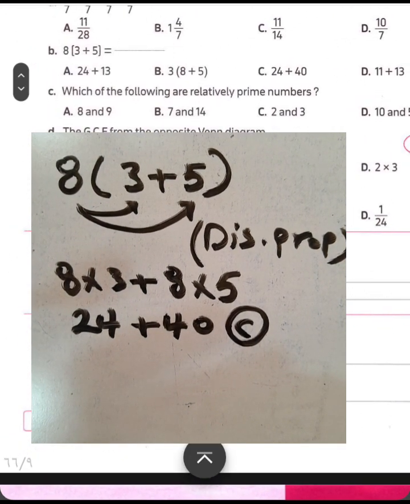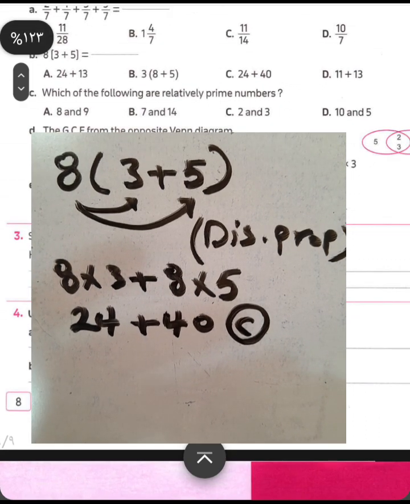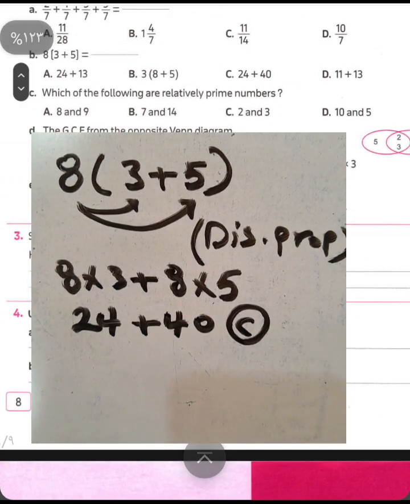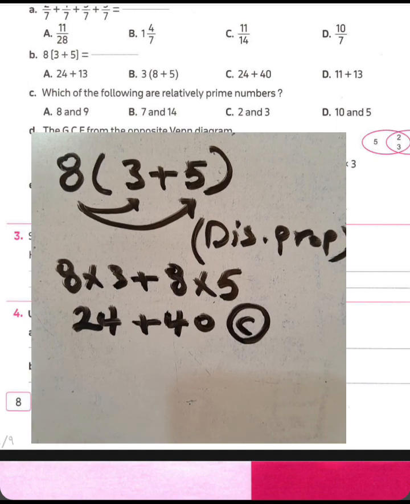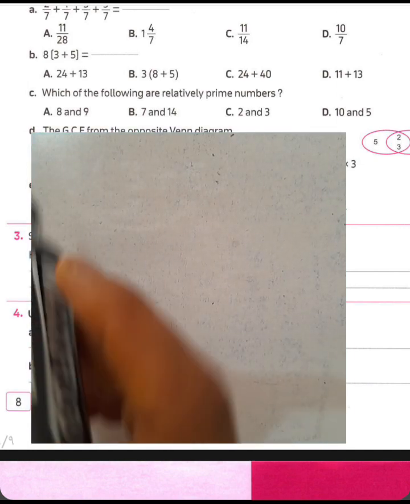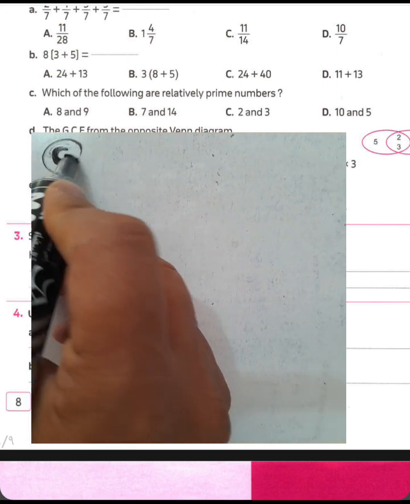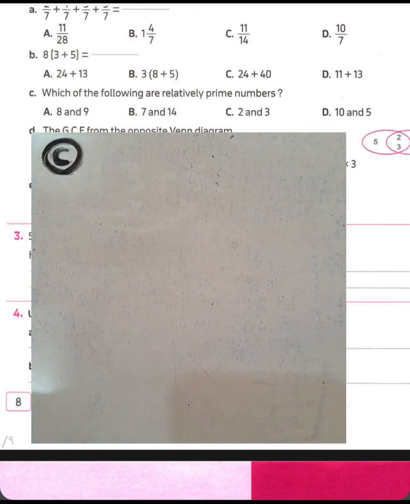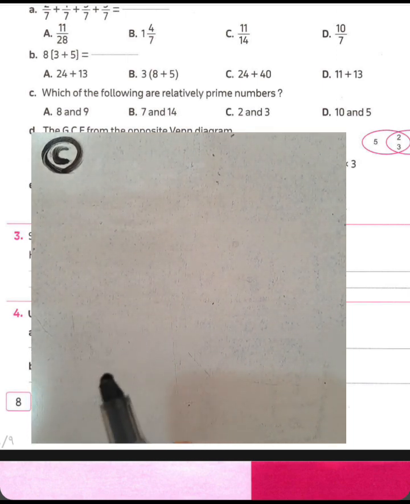Question letter C. Which of the following are relatively prime numbers? Relatively prime numbers means two numbers that can be divided by 1 only.